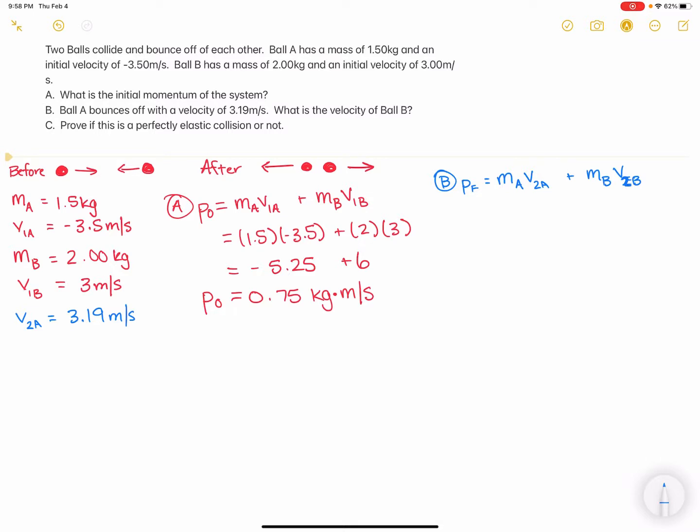Now, in this case, remember, our initial momentum is the same as our final momentum. So we're going to have 0.75 here. And then we'll put our numbers in. So I'm going to take this from both sides.